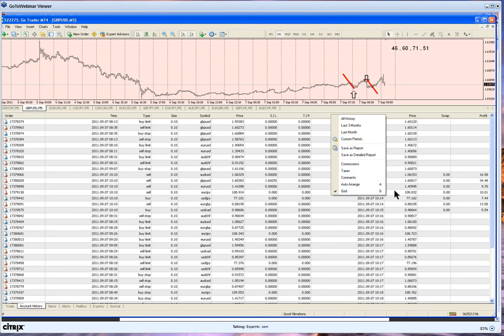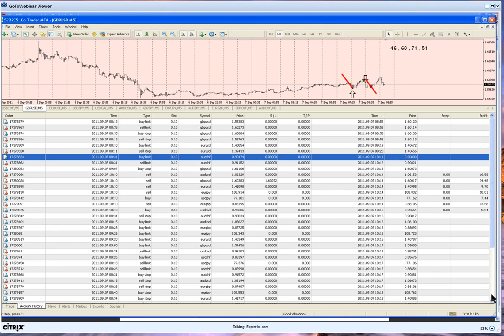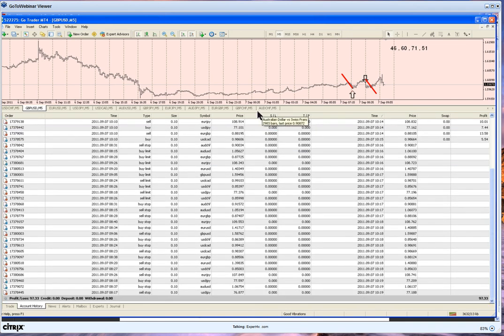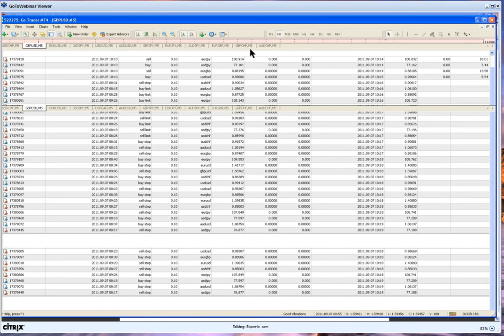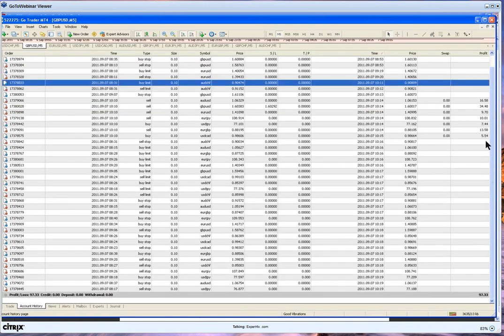Oh, that's because it's got all my cancellations in it too. All right, so here's the history for today. There's the actual activity, the trading that occurred. As you can see, it made $97, which is close to 97 pips. I guess if anything, it's most probably 90 pips. It's probably not too far away.